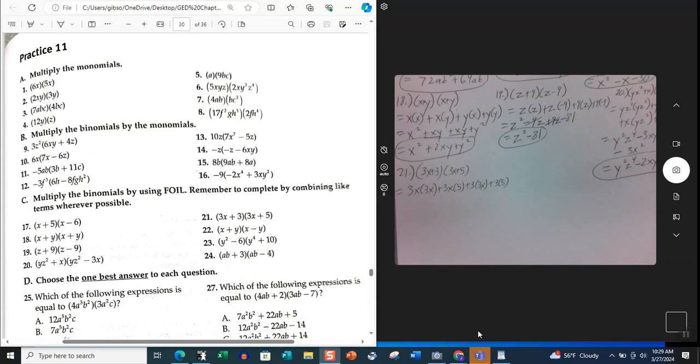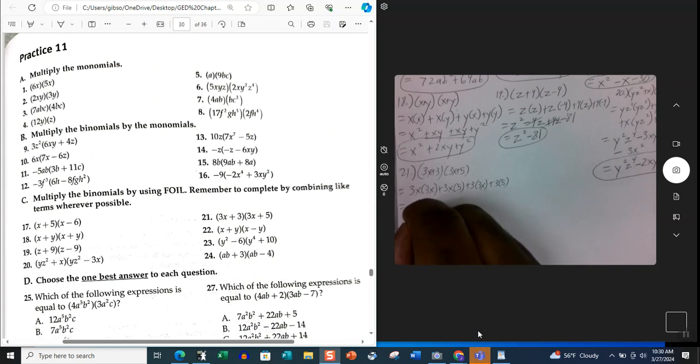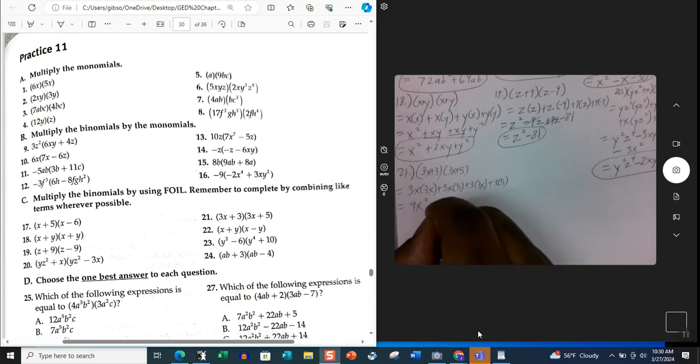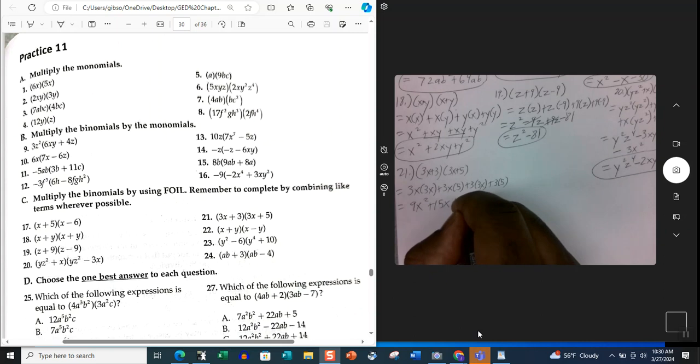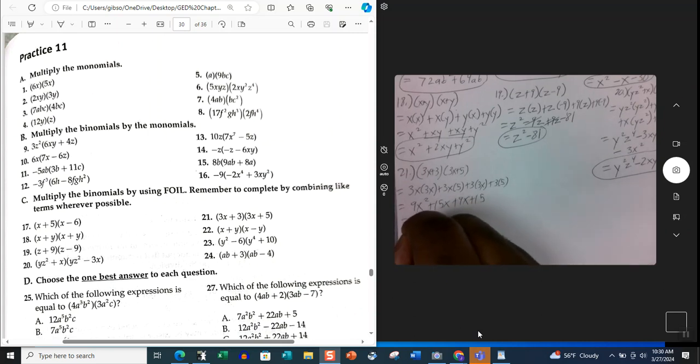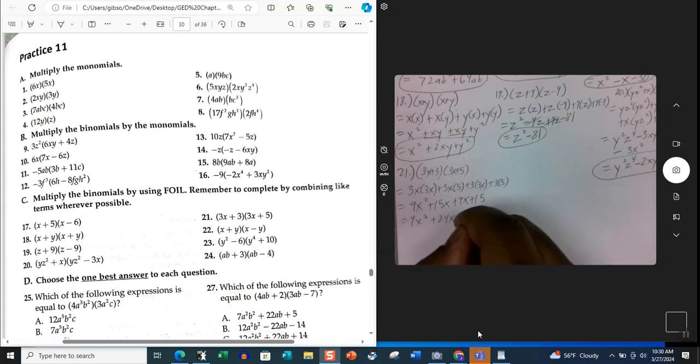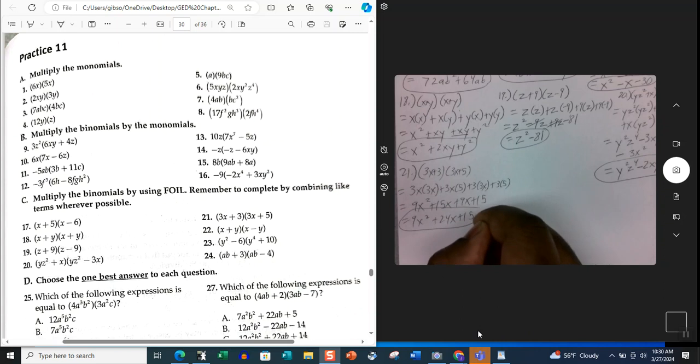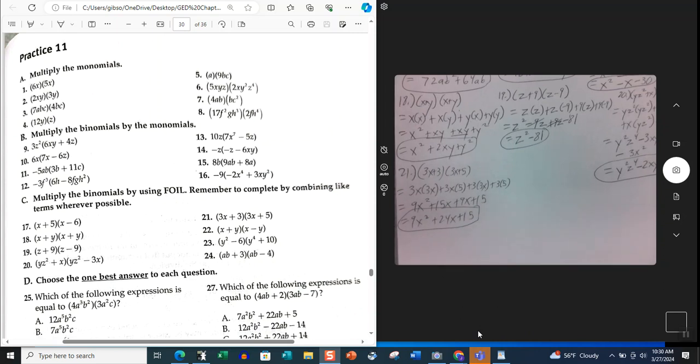Now, I did my front, my outer, my inner, and my last. So this would be 9x squared plus 15x plus 9x plus 15. So it would be 9x squared plus 24x plus 15. That'll be it for problem 21.